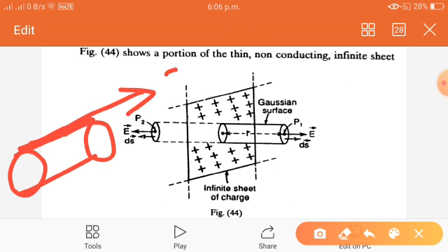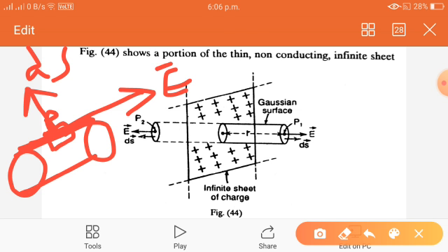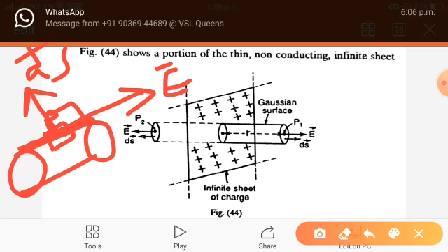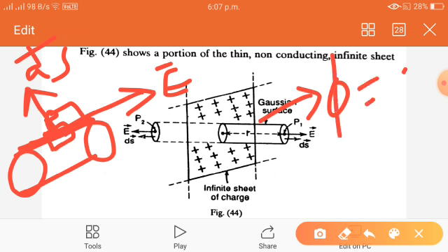The surface normal ds bar is perpendicular to the surface, so the angle between them is 90 degrees. So E bar dot ds bar is E ds cos 90, and cos 90 is 0. So the flux from the curved surface is 0.